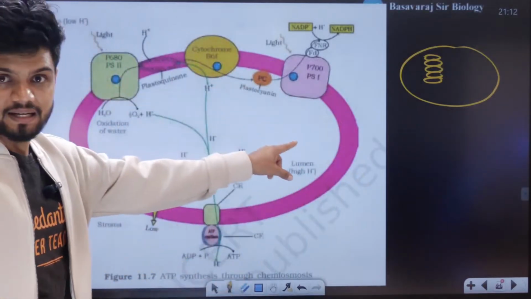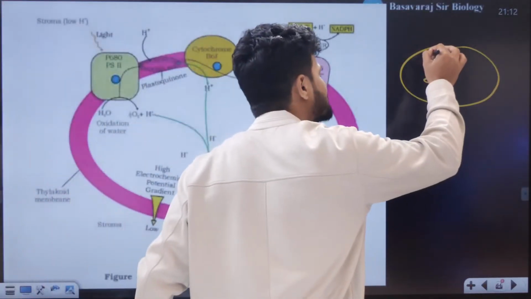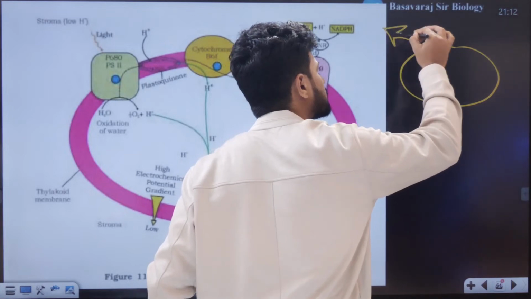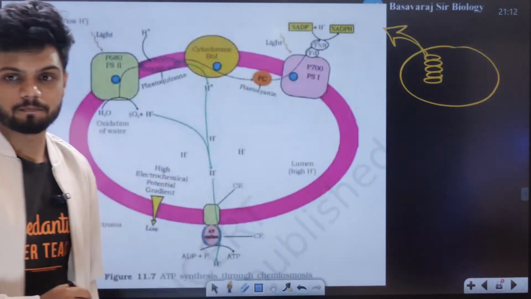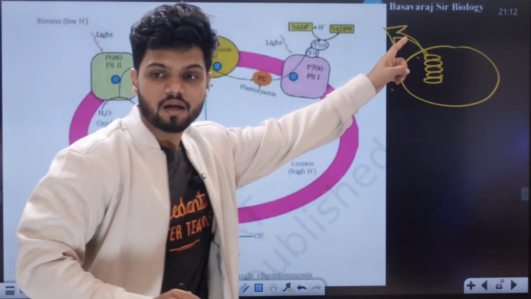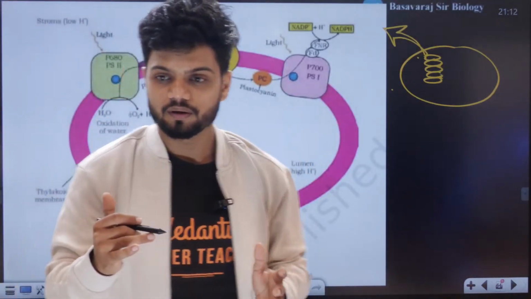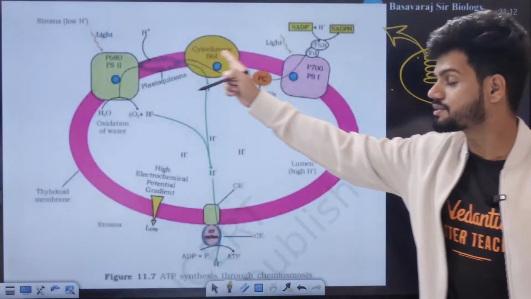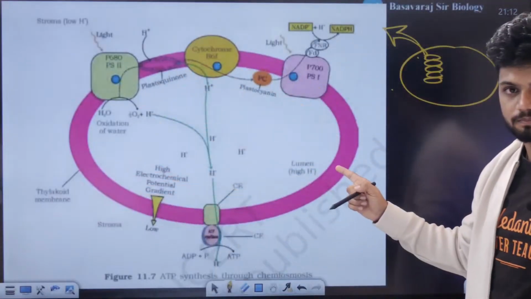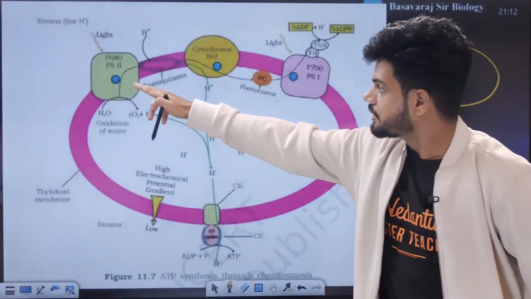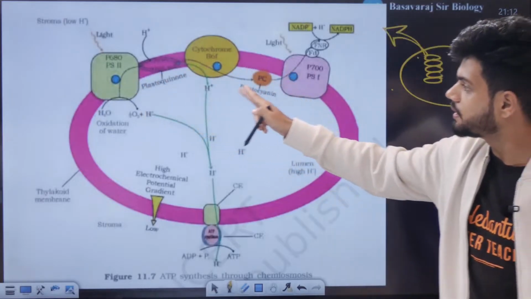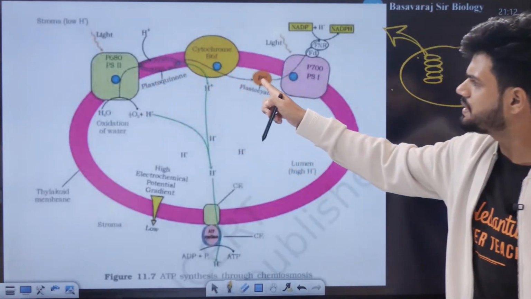This ring right here is one such thylakoid. If you take one thylakoid and expand it, if you see it under microscope, it is called this structure. Now, if you see here, PS2, PS1, PQ, CY, PC.